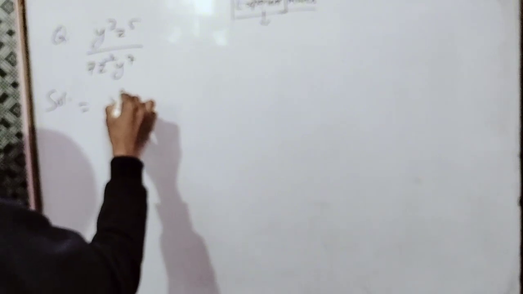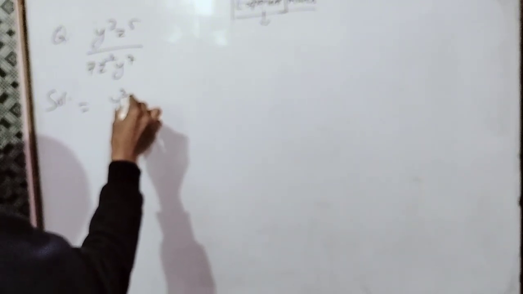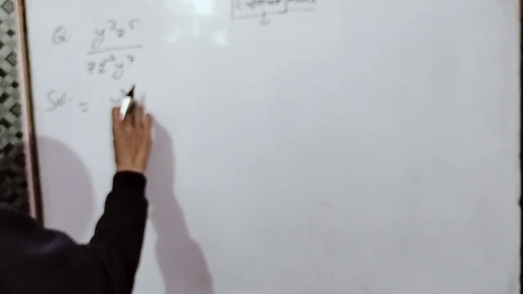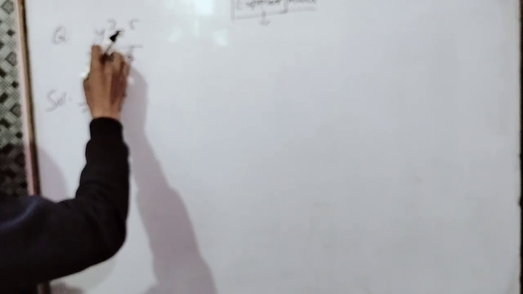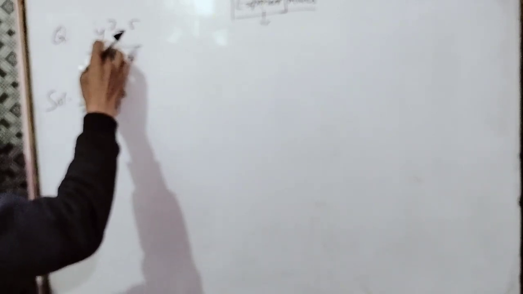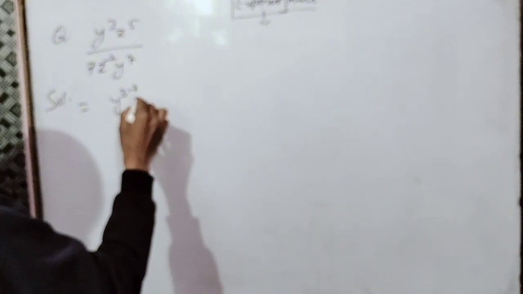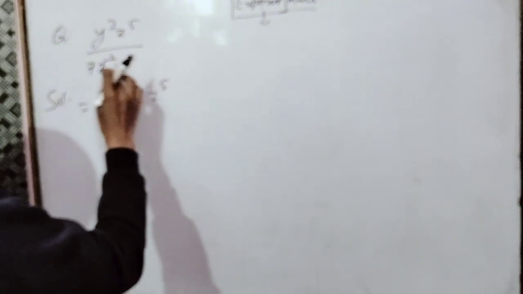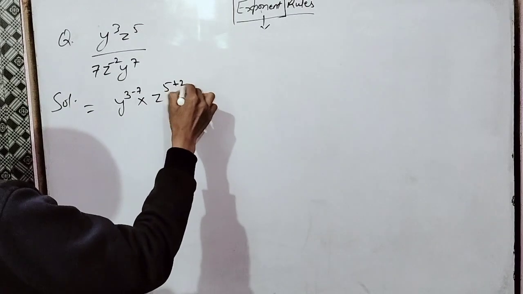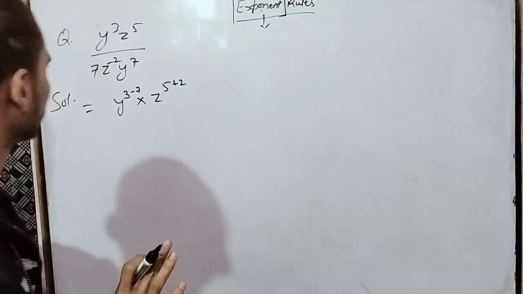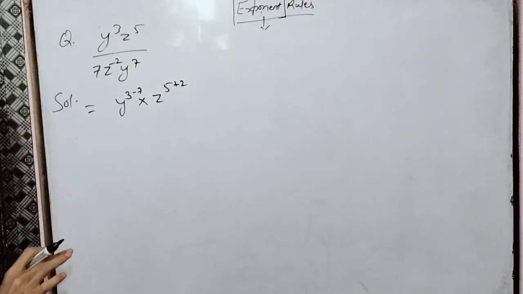So y3 and here would be 7. So we are applying the quotient rule here. Similarly here. Got it? Here we applied the quotient rule.